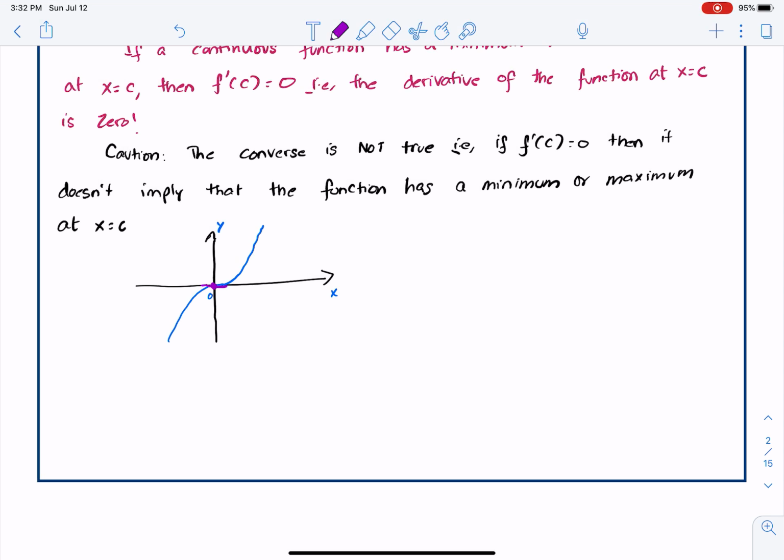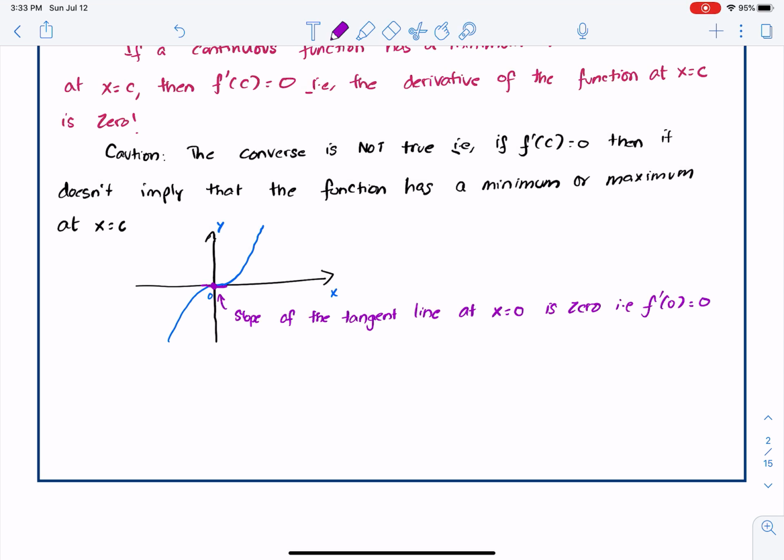And the slope of the tangent line at x is equal to 0 is 0, i.e. f prime of 0 equals 0. But look at the picture though.